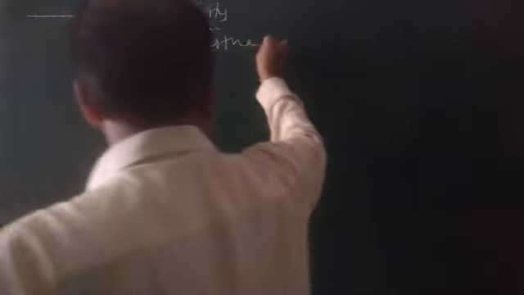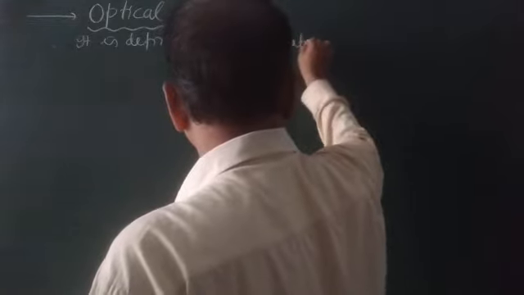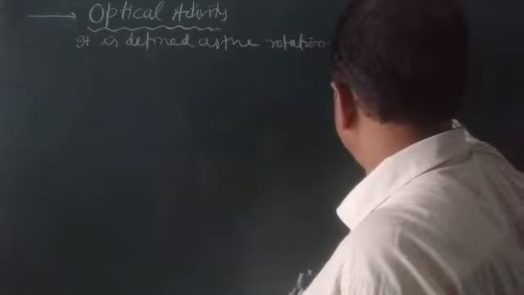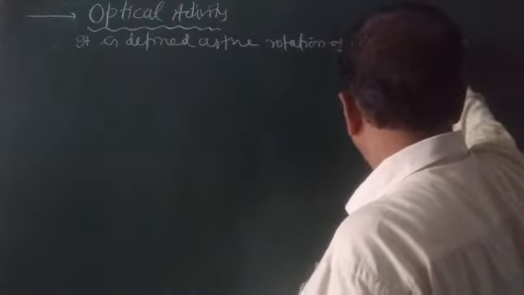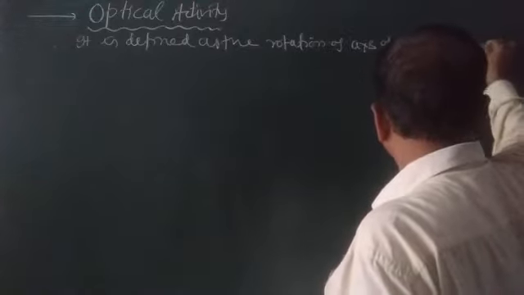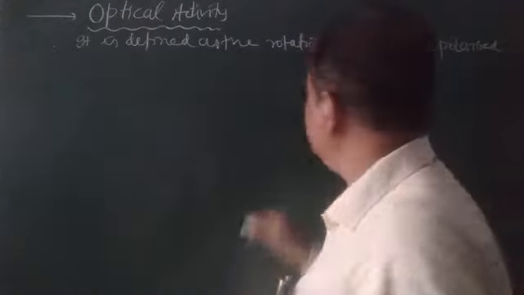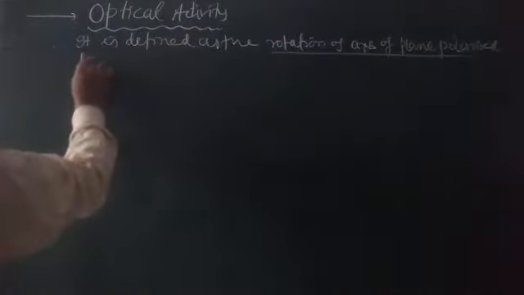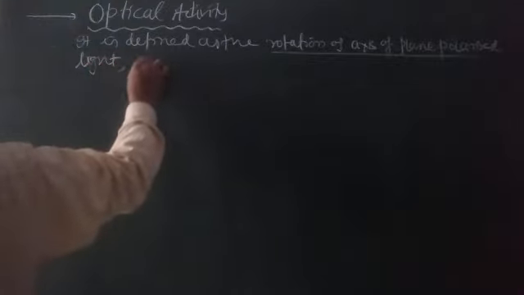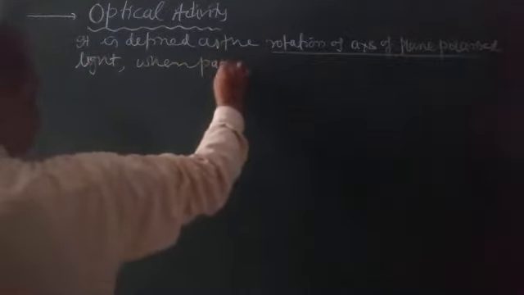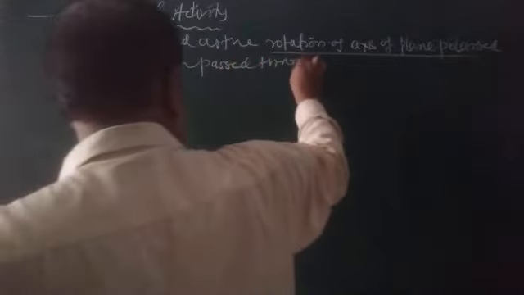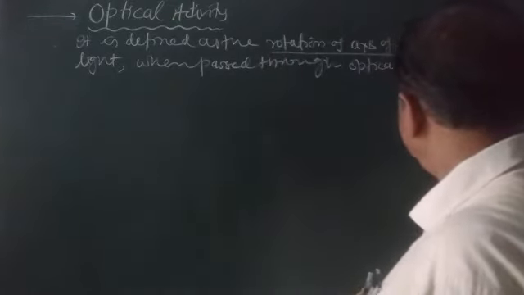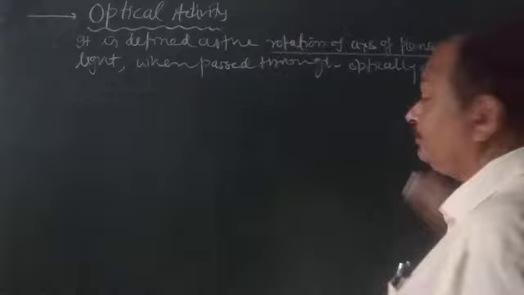So before, first see optical activity. It is defined as the rotation of axis of plane polarized light when passed through optically active.